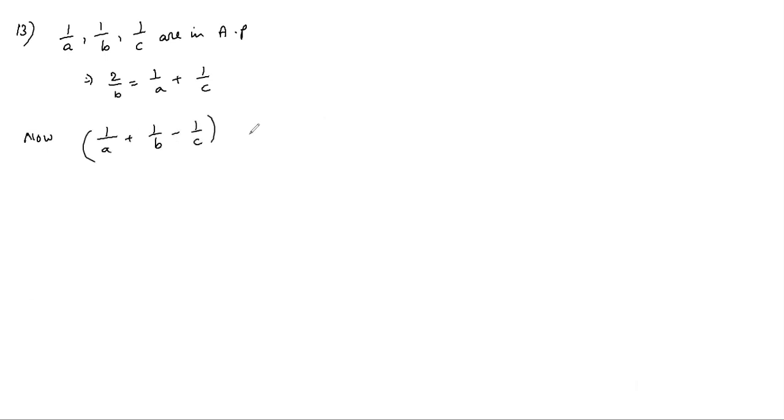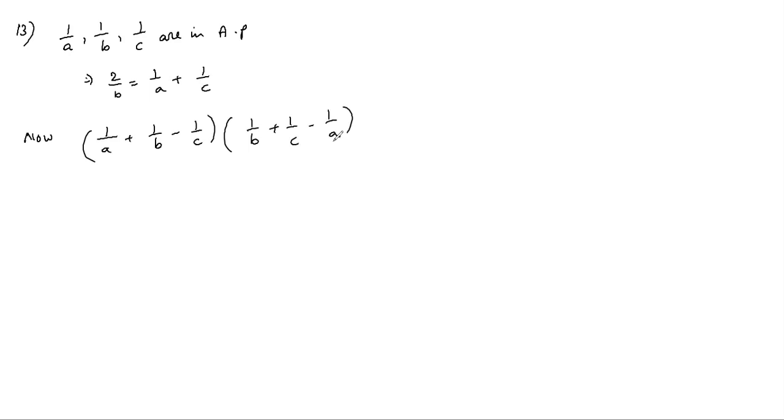If 1 by a, 1 by b, 1 by c are in AP, then find (1 by a plus 1 by b minus 1 by c) into (1 by b plus 1 by c minus 1 by a).